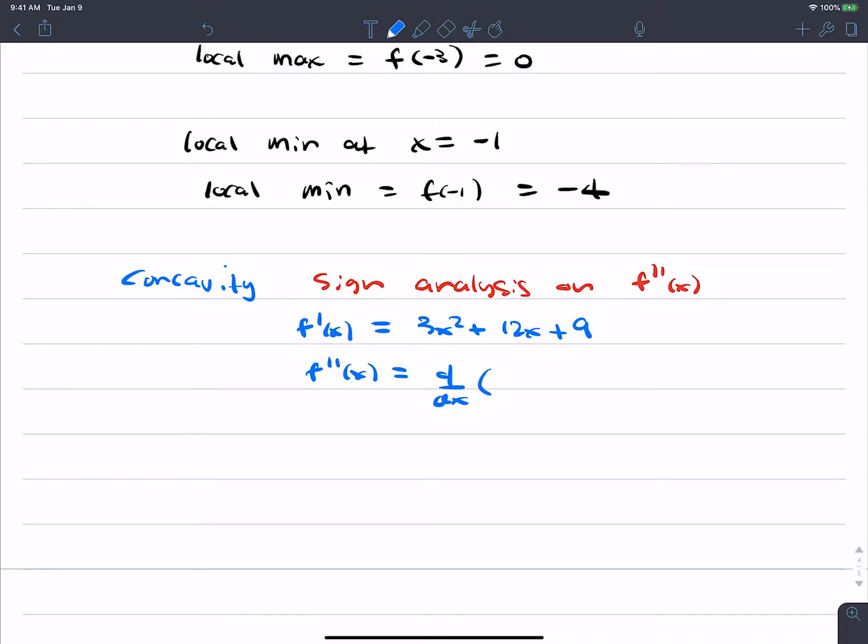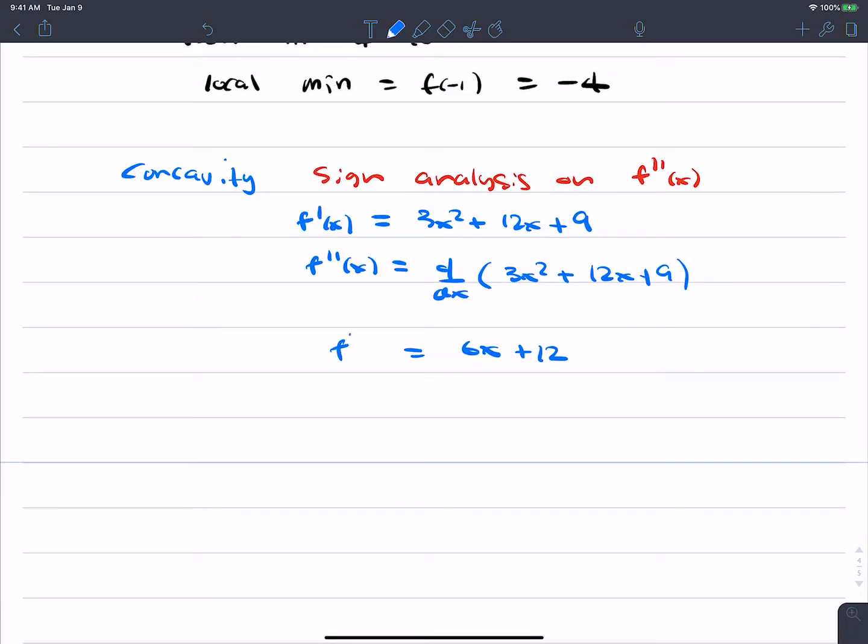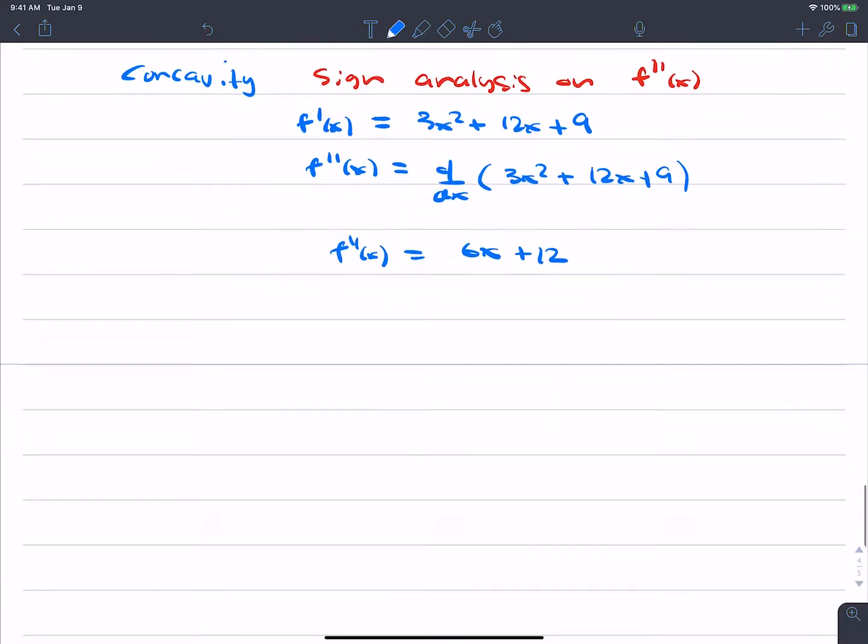Take a derivative of the first derivative. And what do you get? 6x plus what? Plus 12. Okay, good. So I have to use sign analysis on this. That's kind of nice because I have to set this equal to 0, right? We get 6x plus 12 is 0.